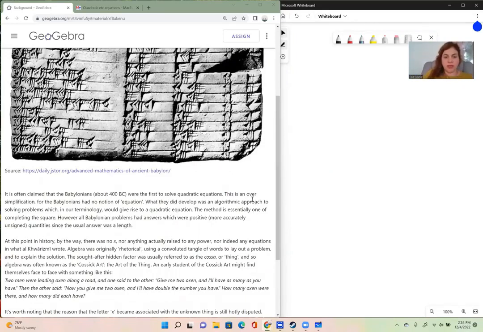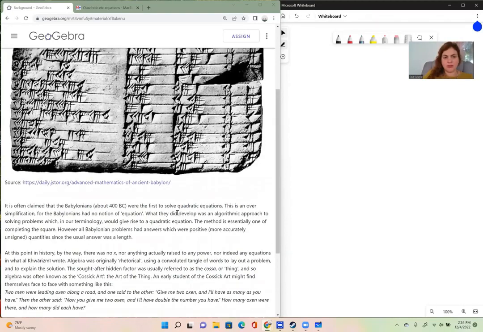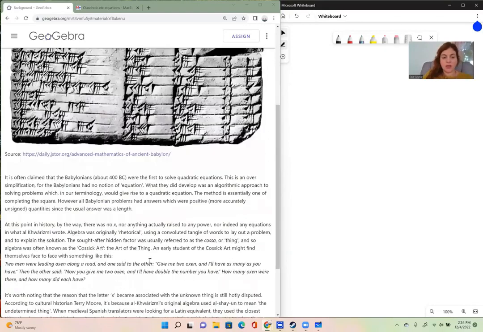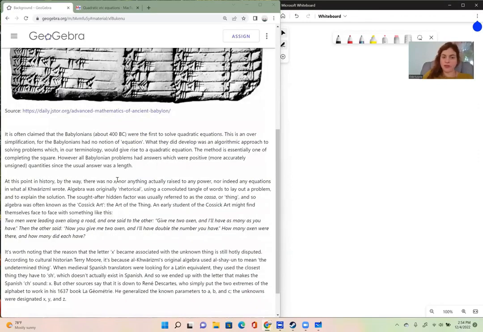So a little bit of background is that the Babylonians solved, well, firstly, this is a tablet of the Pythagorean triples. Not all of them, since there's infinitely many, but some of them that the Babylonians figured out. But when they came up with this method, apparently in their writings, there's no variable representing an unknown.